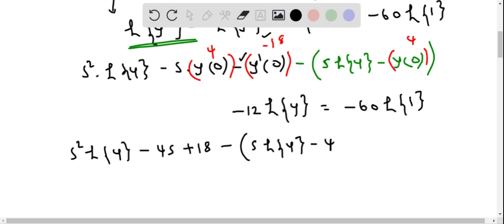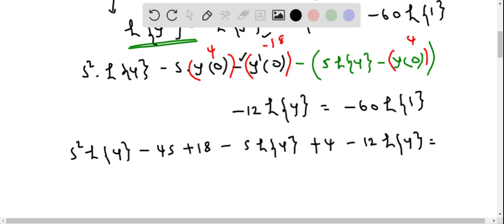In fact, I can remove this bracket. When I do that, I get s times the Laplace transform of y, and then this negative 4 becomes positive 4. Finally, I have this last term, minus 12 times the Laplace transform of y, and this equals negative 60 times the Laplace transform of 1, which is 1 by s. I'm going to write that down here.